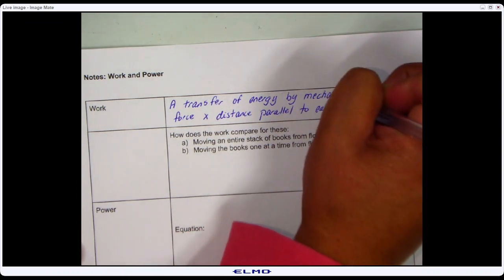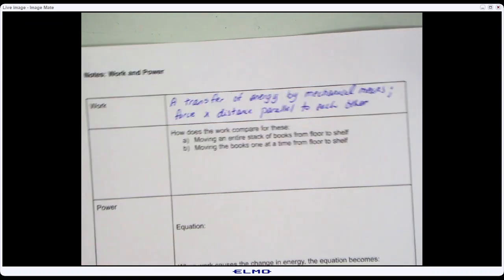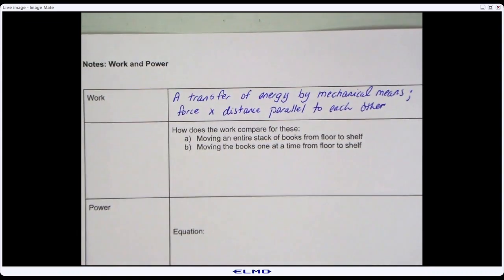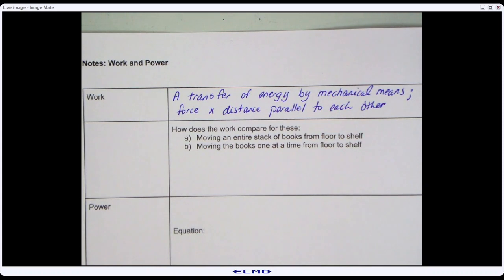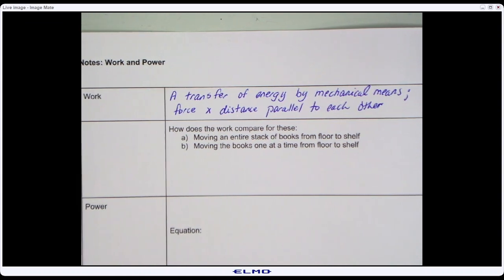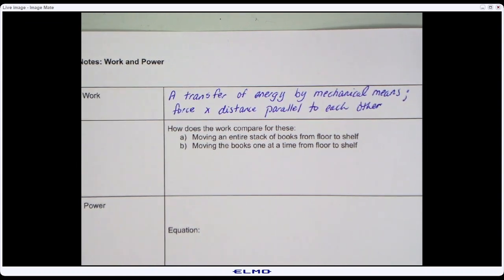Work is a transfer of energy by mechanical means. It is force times distance, but the force and the distance moved have to be parallel to each other. And keep in mind that work is a scalar quantity. A scalar quantity has magnitude, no direction.